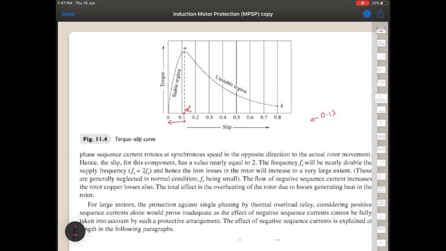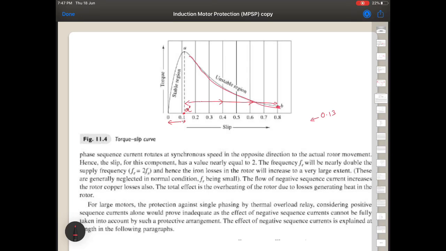And if slip increases, see, when does slip increase? When you go on increasing the load. If you are increasing the load, then slip will go on increasing. If slip goes on increasing, then you are on the verge of instability.